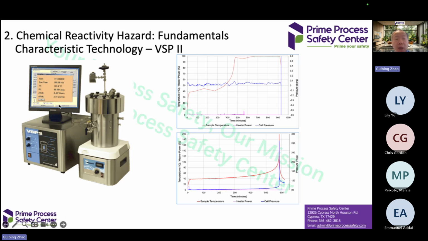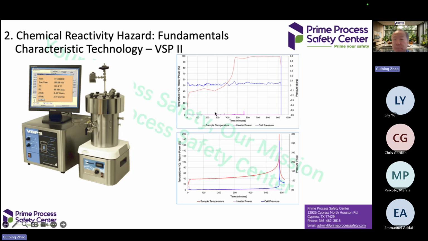This equipment can be used for lots of testing, for example tempering tests, closed cell tests, open cell tests, and gas generation tests. So this equipment can do lots of things. It directly simulates the industrial scale reactor, unlike ARC, which is usually for small scale.